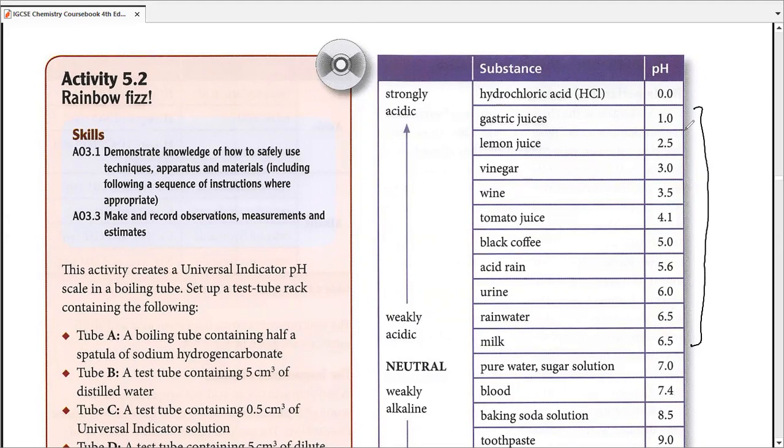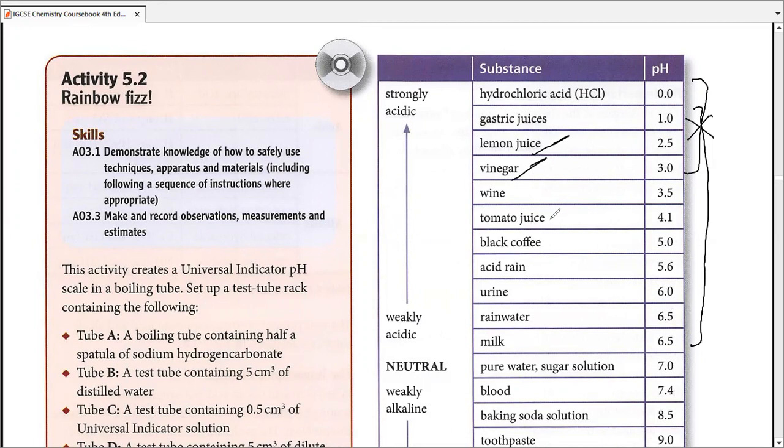And of course, we can't directly use stuff from 0 to 3. Lemon juice or vinegar can be used after they're diluted. But if we use them directly, they can hurt our throat, and we can have throat issues and throat infections afterward. So anything in between 3 to 7 is good enough if your body is producing less acid than what's required.